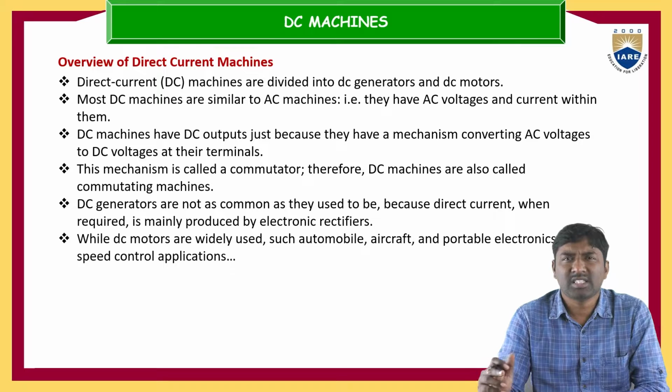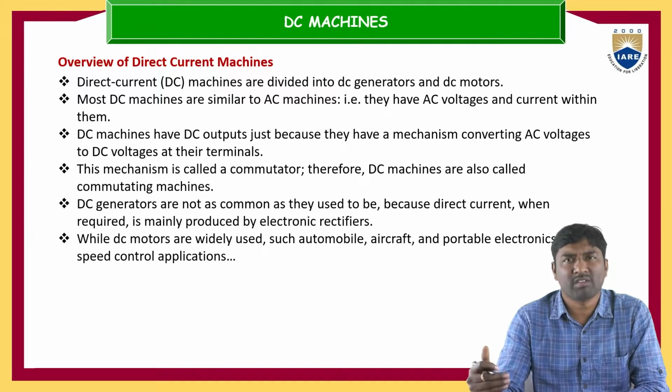DC generators are not common, because the direct current, when required, is mainly produced by electronic rectifiers. While DC motors are widely used in automobiles, aircraft and portable electronics, in speed control applications.